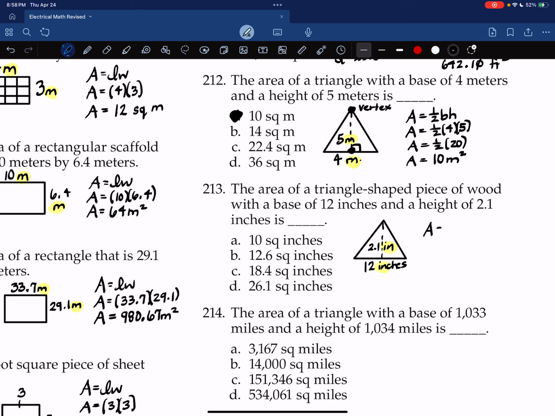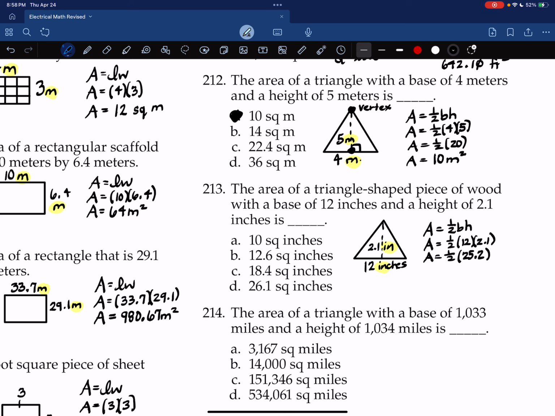So area is a half of the base times the height. So a half of 12 times 2.1. So a half of 12 times 2.1 is 25.2.